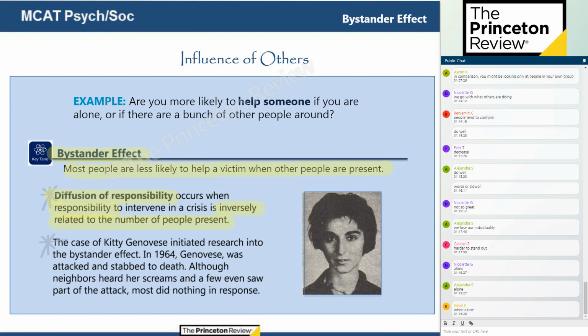It was guesstimated that at least 50-something people heard the attack, heard her screaming. The first report on this story was nobody called police. Nobody did anything. That's not quite true. Some people did, but not nearly as many people as one would hope would have done that.